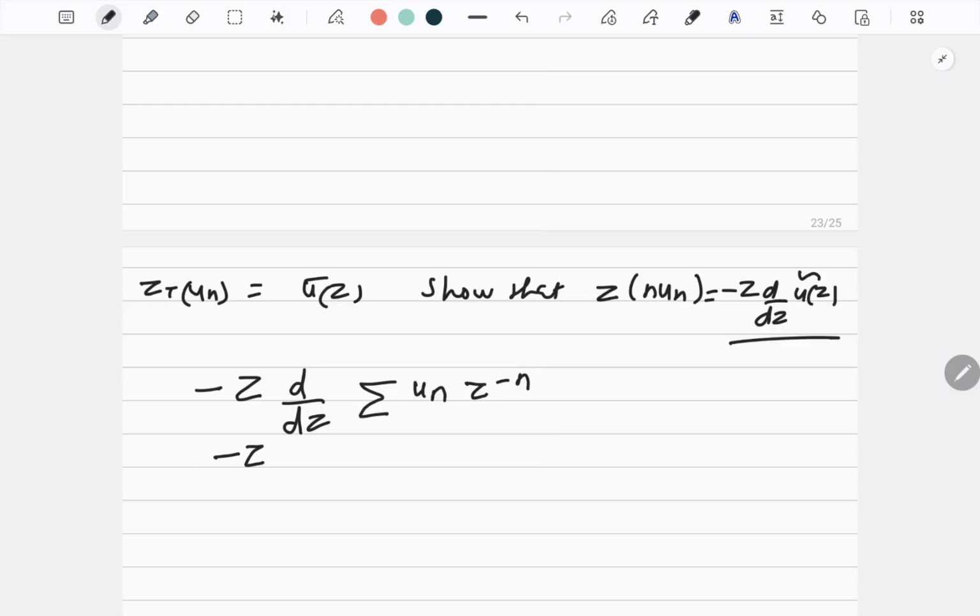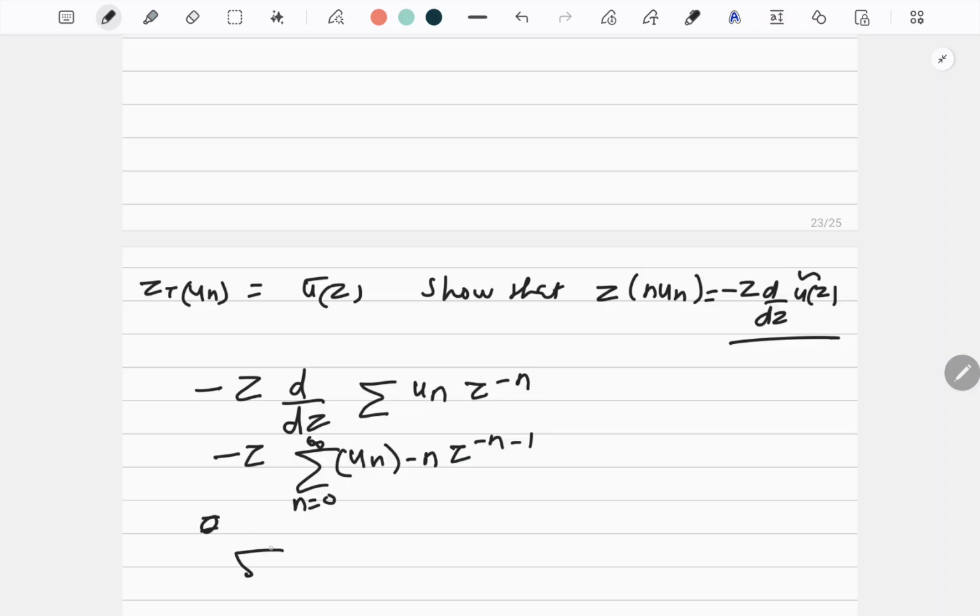So minus z. Now if you differentiate, summation I can't come out. So this will become minus n, and z to the power minus n minus 1. Now next step what I am doing, this n and z are coming together. N is equal to 0 to infinity. So n I cannot take out. Un also you cannot take out. But here z to the power minus n minus 1 is there.